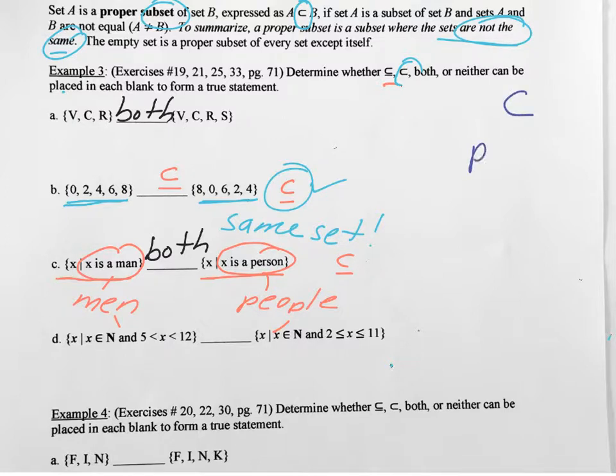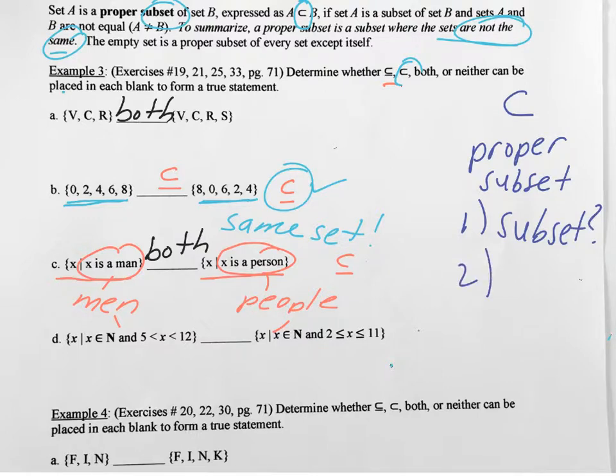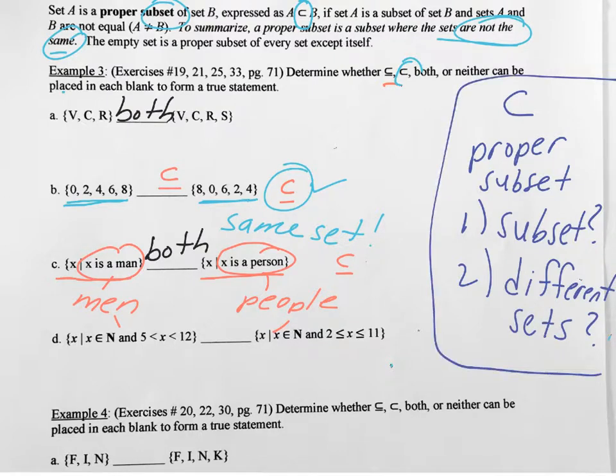Okay, there we go. So to be a proper subset, we always got to see, is it a normal subset? Question mark. And then are they different sets? Are the two sets we're comparing not the same? All right, there we go.